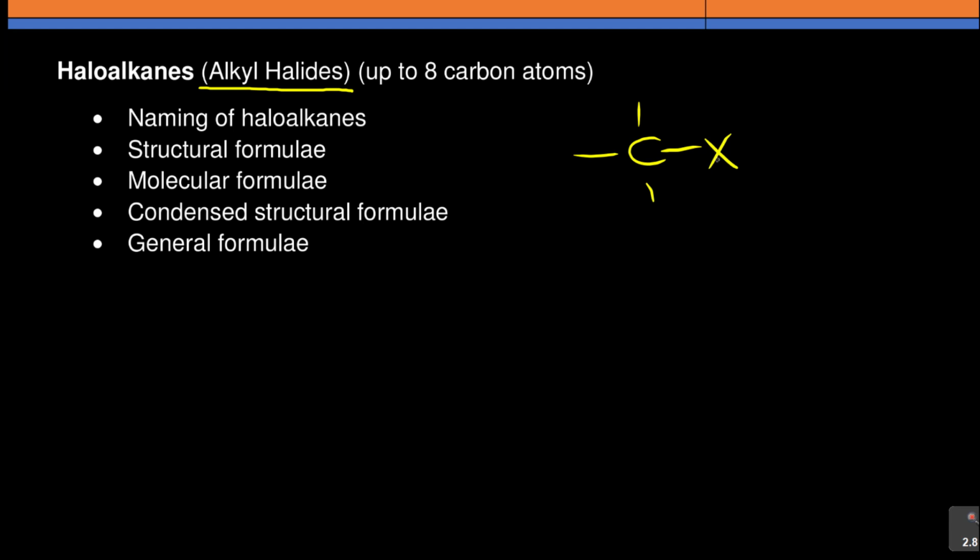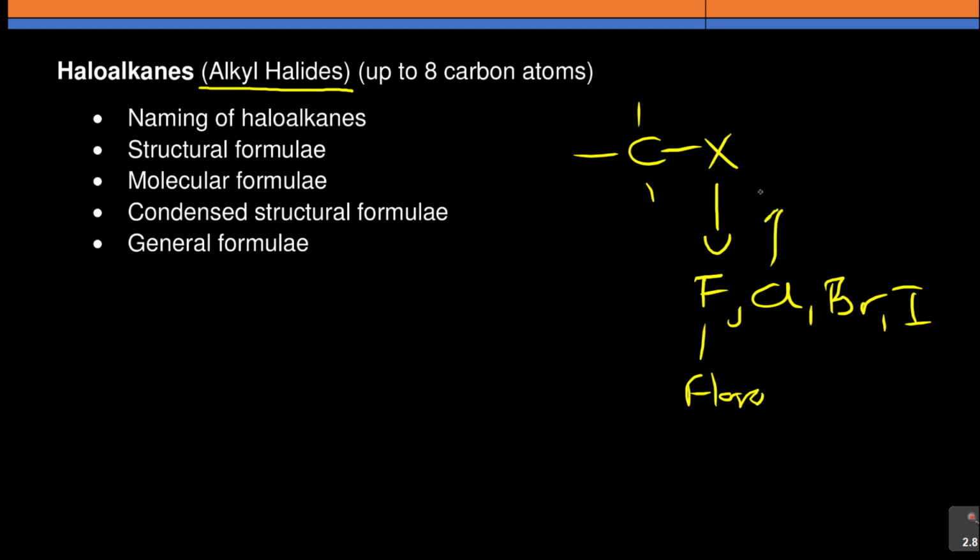The halides, you have got the fluorine, you have got the chlorine, you have got the bromine, and then you've got the iodine. So this becomes fluoro, this becomes chloro before the name, this becomes bromo, and this becomes iodo. Are you with me?